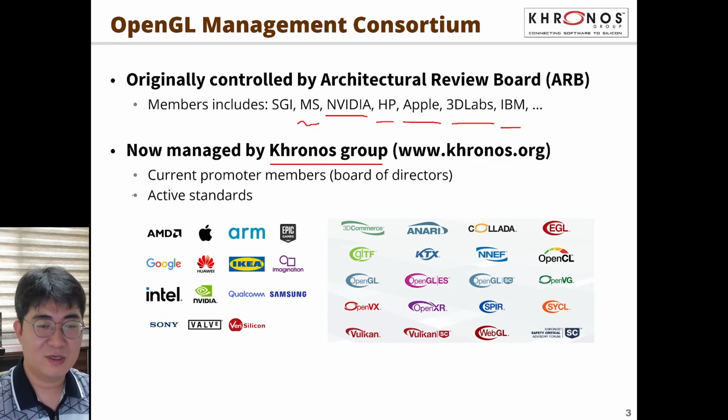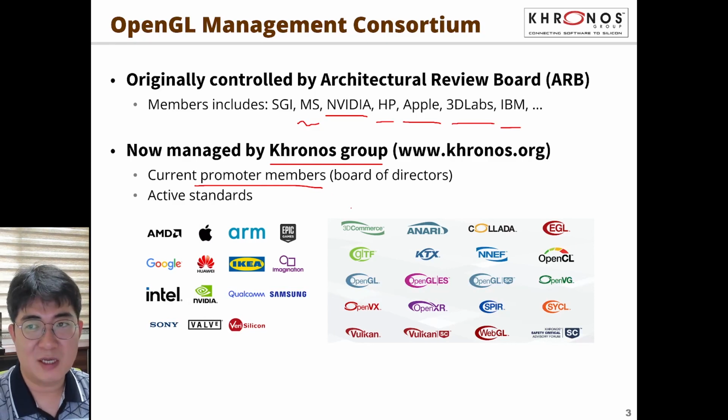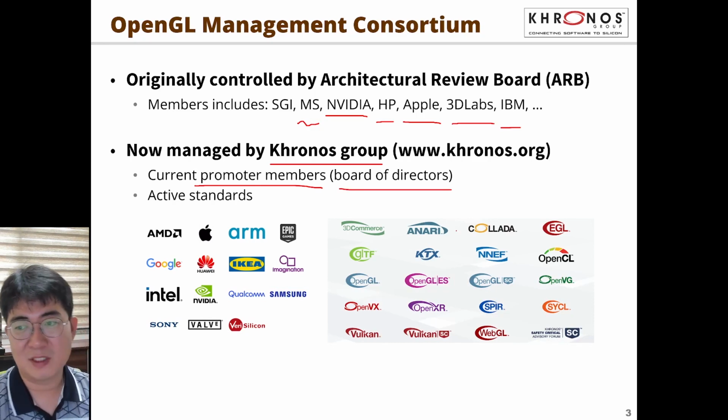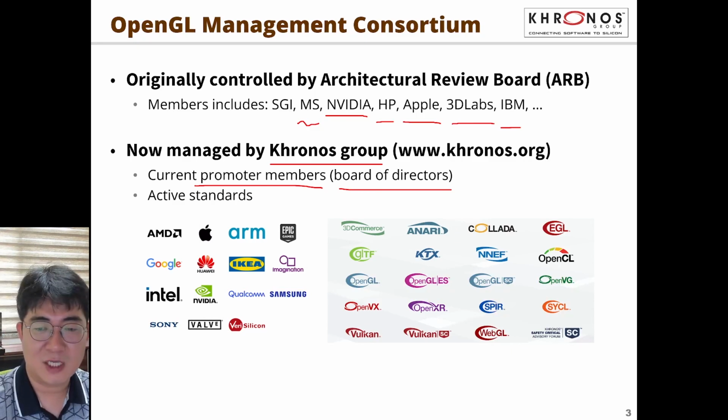There are several levels of members, and promoter members are basically the same as the previous ARB. They have some rights on the board of directors, so they decide the very important things about OpenGL and its related APIs.